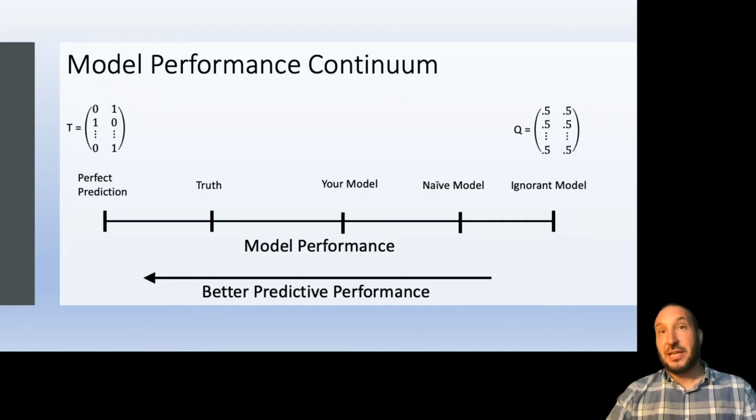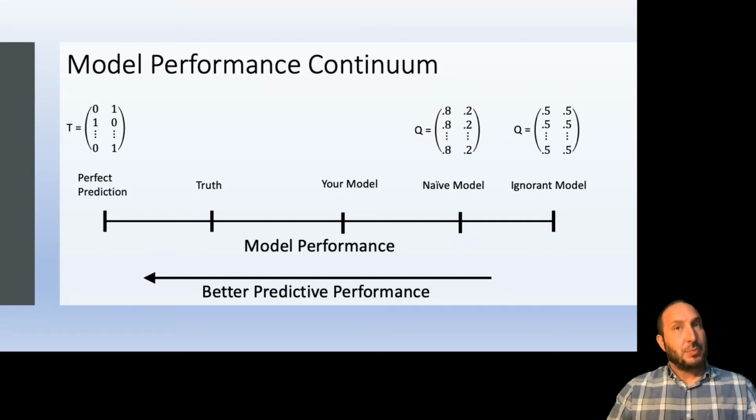On the other extreme, the ignorant model would represent where we don't know anything about the problem, so all we can do is guess 0.5 for each value of y, regardless of the value of x. The naive model is a little better. At least we're able to look at the y values and see that 20% of the time y is true. So we can guess 80% no and 20% yes for each of the values of x. But we're not making any distinctions between the x's still.